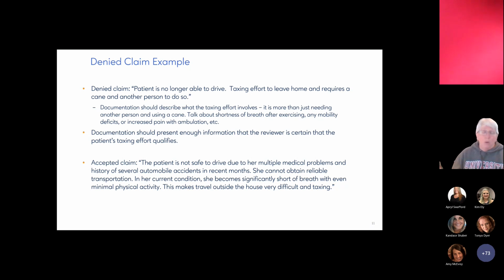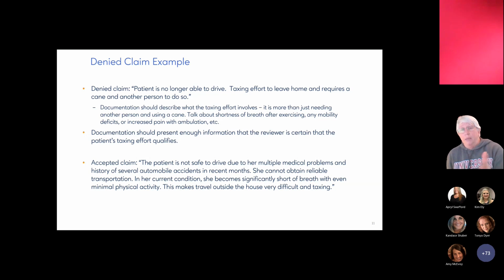Most of them do not want to be using a device because they think it makes them look old. So if someone is actually using something, there's a reason for it. So document it, right? We should be demanding to see that documentation. That documentation should also present enough information that the reviewer, us, right, you guys, is certain that the patient's taxing effort qualifies.